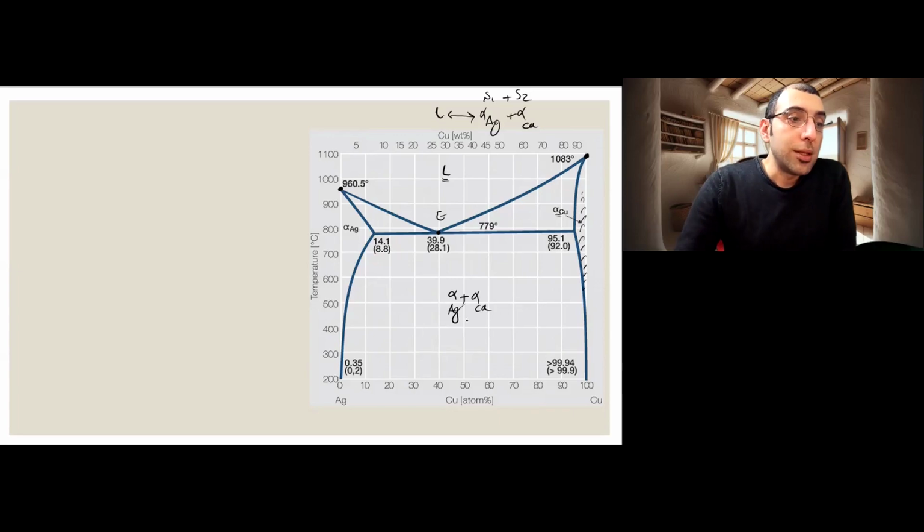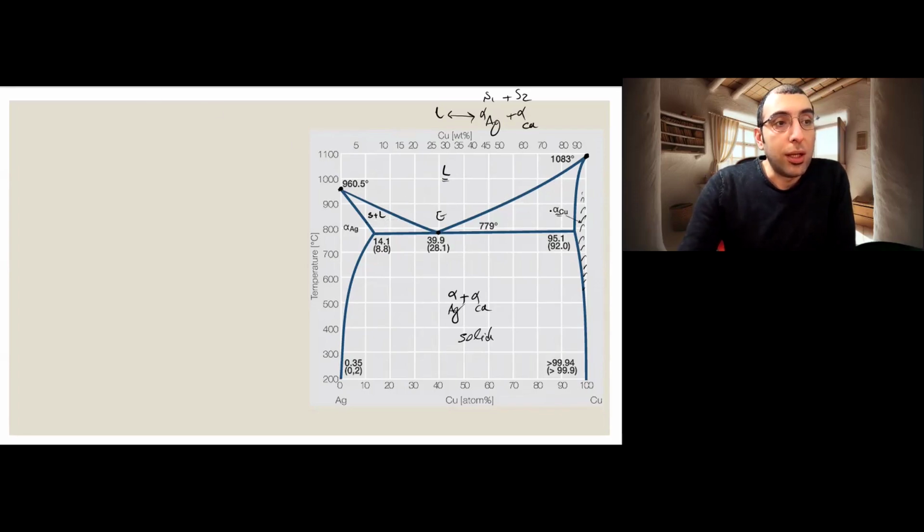So this is our solid region, obviously, and this is our liquid region. And if we are here, we are drawing a horizontal line again. So we are crossing the liquid side and also the alpha silver side. Therefore, here we have solid plus liquid, because it's crossing these two.